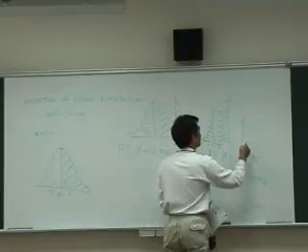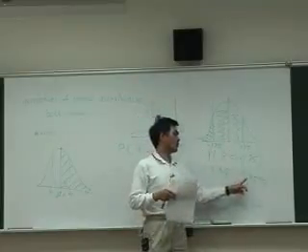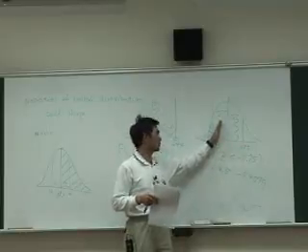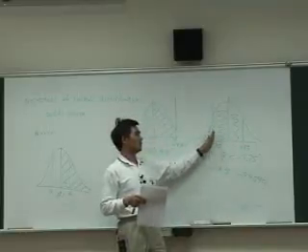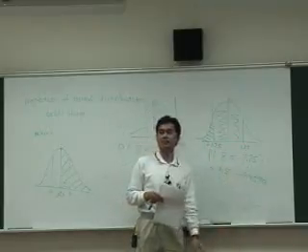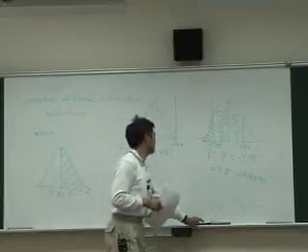Because this area is equal to 0.4599. So for this area, subtract this area, then what you get? You get the area that is less than negative 1.75. Okay? Any questions?